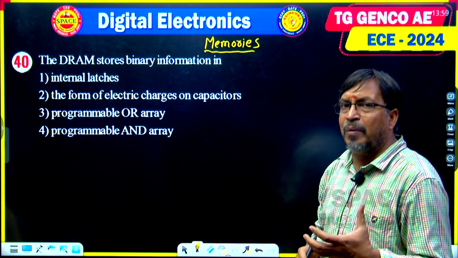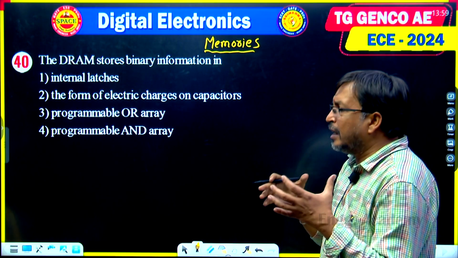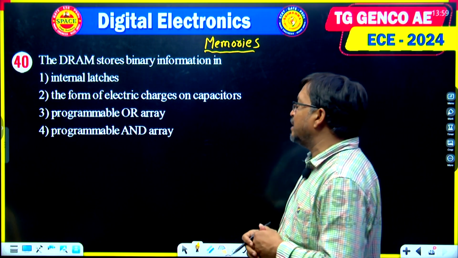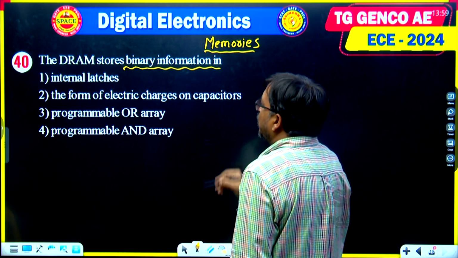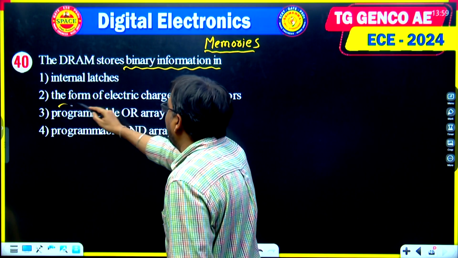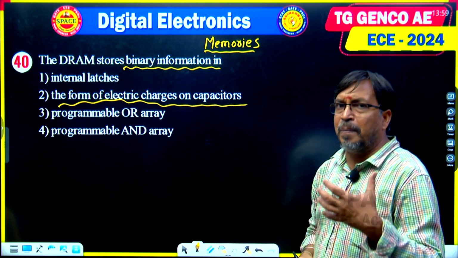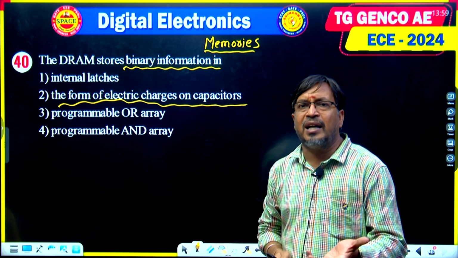Dynamic RAM consists of capacitors, hence it stores information in the form of electric charges on capacitors. That means when the capacitor is charging, data will be stored. When it discharges, data will be lost.